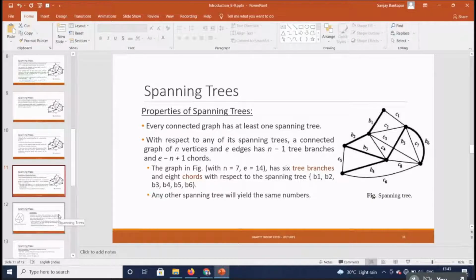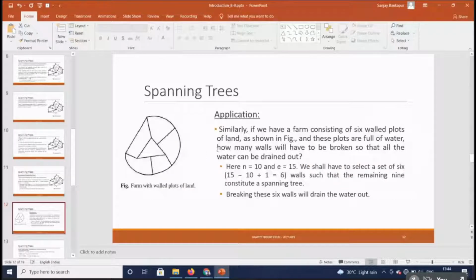This is good enough to find a spanning tree, and we'll quickly see one application of spanning trees, and why it is required in what situation. Consider a farmhouse consisting of 6 walled plots of land, as shown in the figure: 1, 2, 3, 4, 5, and 6.